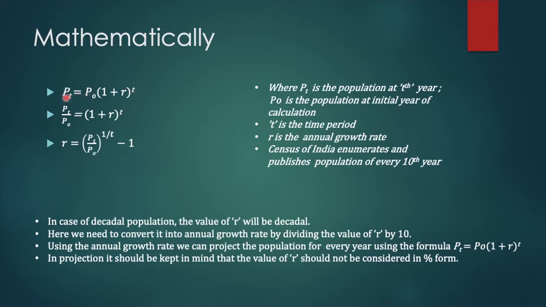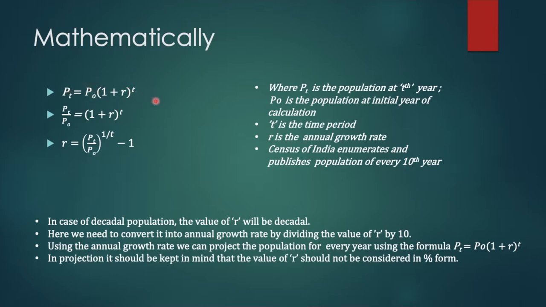Suppose you want to project the future population of 2021, then considering the base population of 2011, you put the population of 2011 here, then 1 plus the annual growth rate of population between 2001 and 2011, then you put the time period here. The time period from base year to the projected year will be here. In case of our example, it will be 10 here.